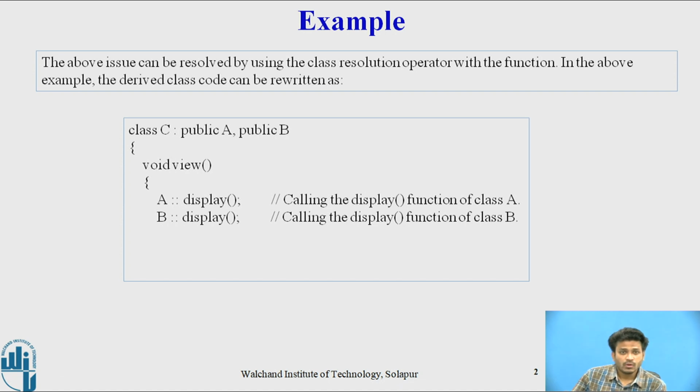So this is the way by which we can resolve the problem of ambiguity. Hope everyone understands the meaning of ambiguity, why we are getting the ambiguity, and how to resolve this ambiguity problem in our application. This is possible with the help of the scope resolution operator.